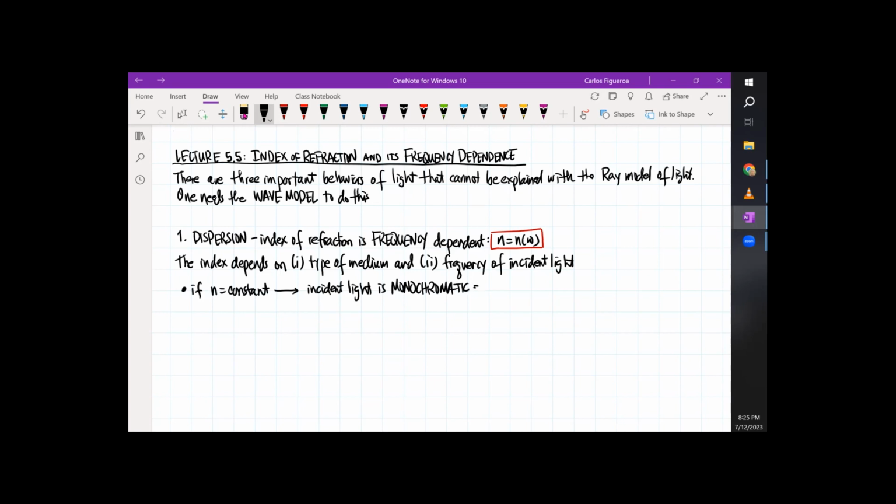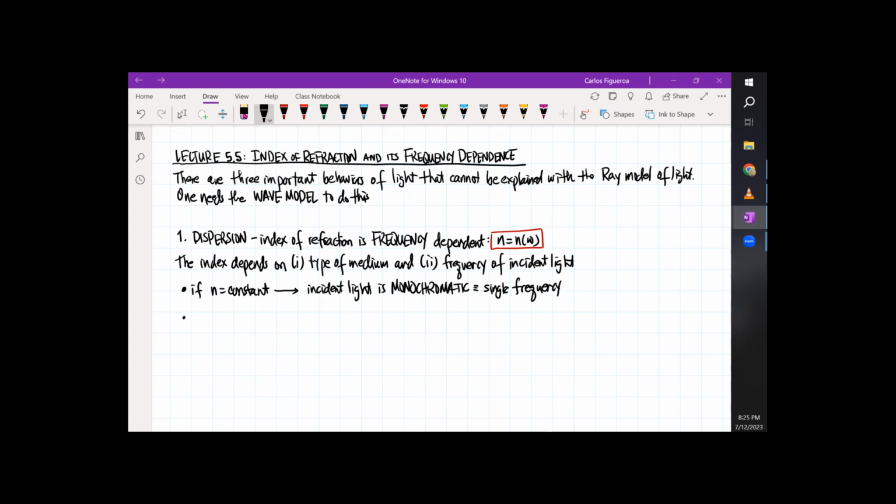Monochromatic means that it's of a single frequency. The problem is that's not what you typically get in light.